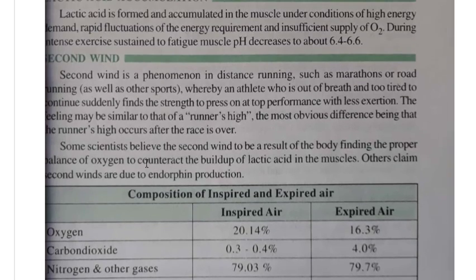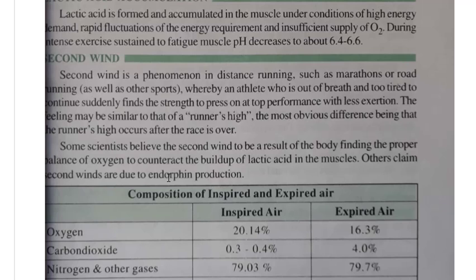Second wind. Second wind is a phenomenon in distance running, such as marathon or road running, as well as other sports, whereby an athlete who is out of breath and too tired to continue suddenly finds the strength to press on at top performance with less exertion.